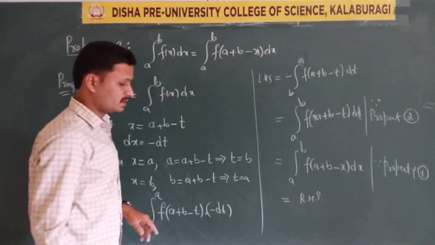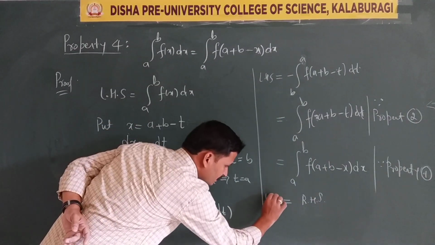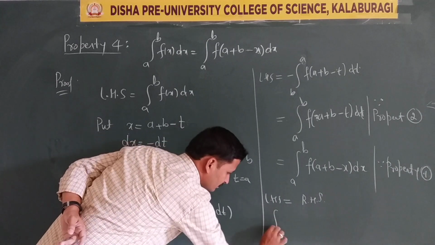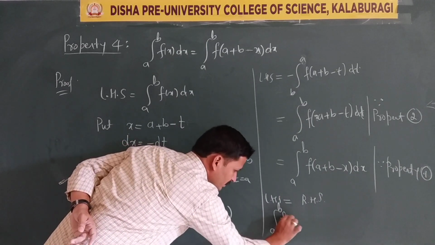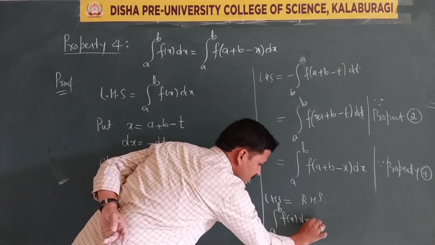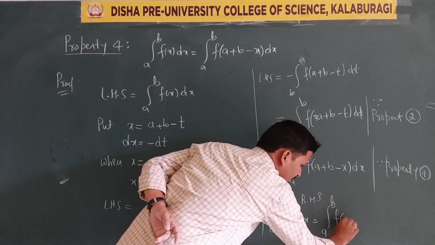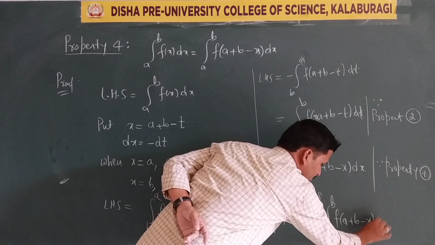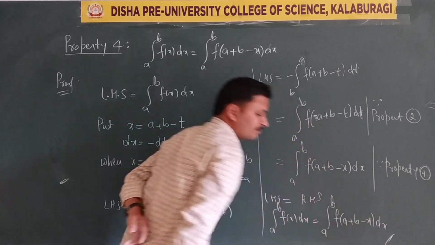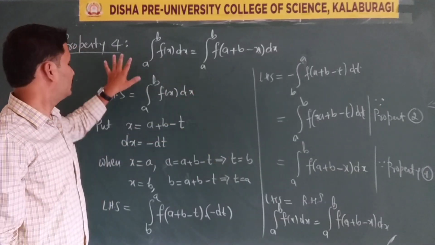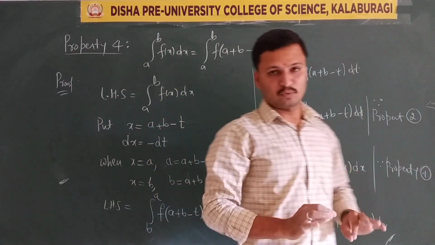So the conclusion: LHS is equal to RHS. That means integration from a to b of f of x dx is equal to integration from a to b of f of a plus b minus x dx. So this is the proof of property number 4.